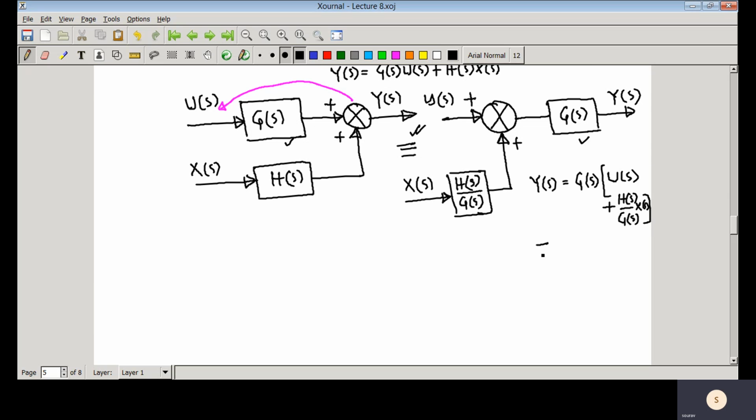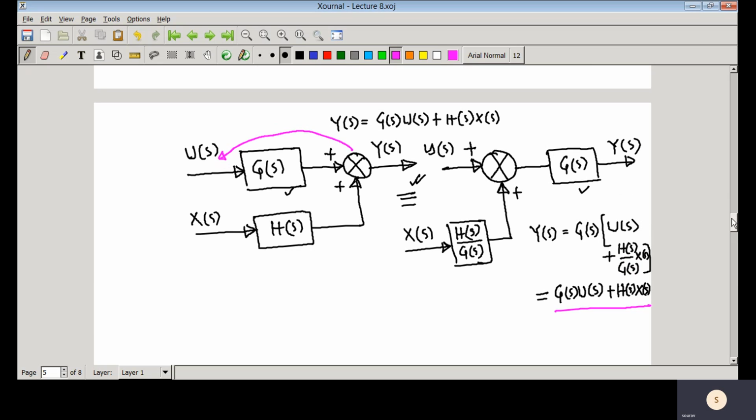So now if you multiply it, you have that GsUs plus Gs will be cancelled out here. So that means it is HsXs. So then you can see from here that this particular expression and this expression, they are same.